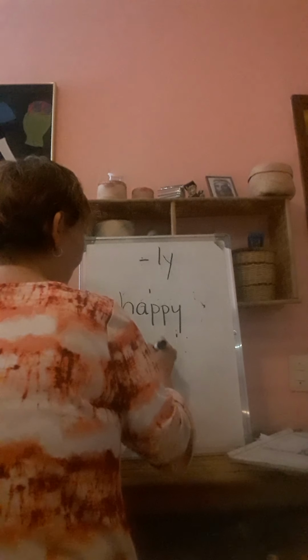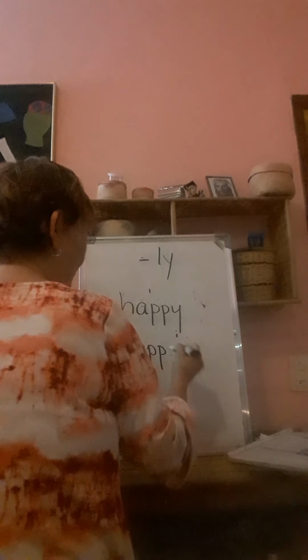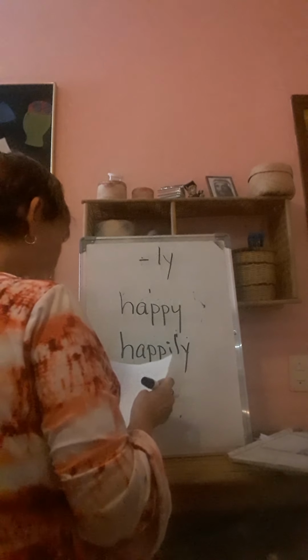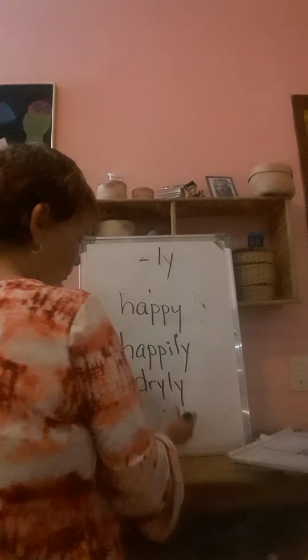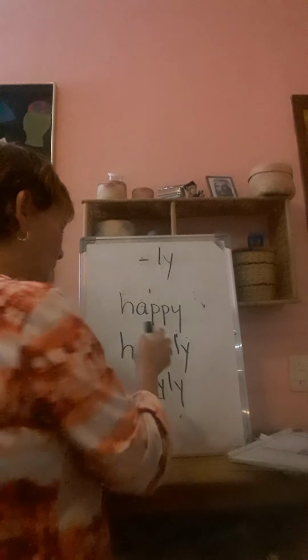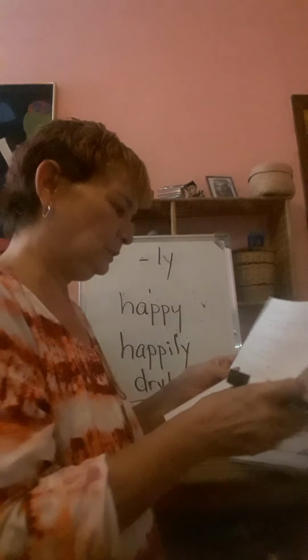Happy would become hap-pi. Now, because there are two syllables, you need to put I and ly. The only time that you leave it as a Y is when you have one syllable. Dry, one sound. Happy, two sounds. So be careful when you do this.